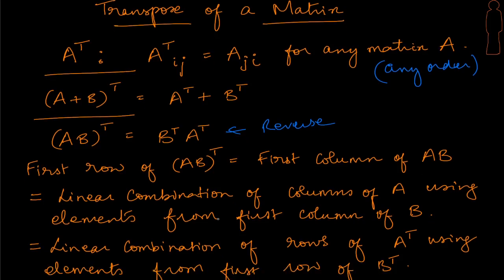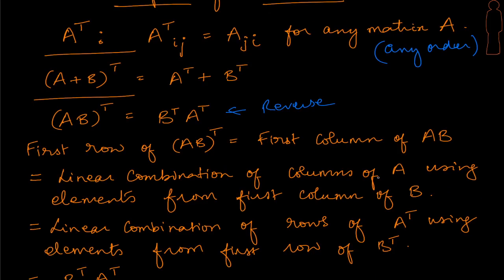Now that we are saying this is a linear combination of the columns of A using the elements from the first column of B, we can also write it as a linear combination of the rows of A transpose. Columns of A are nothing but rows of A transpose, and we are using the elements from the first row of B transpose.